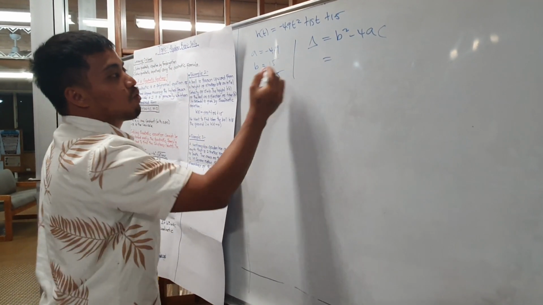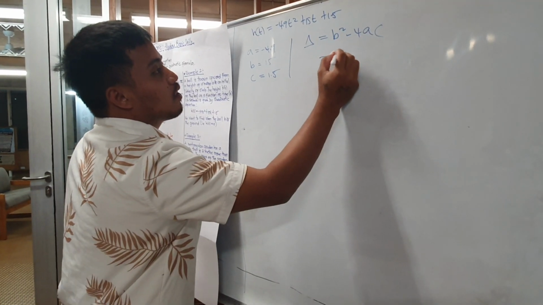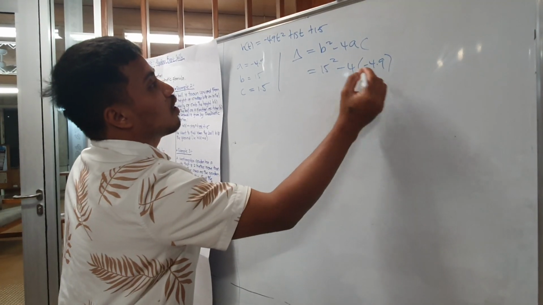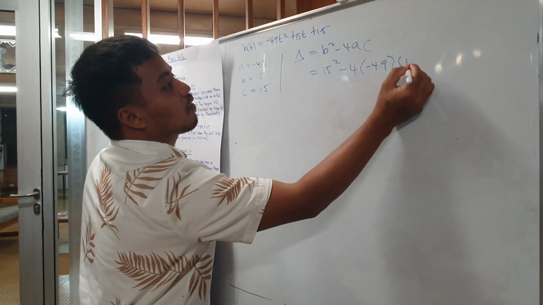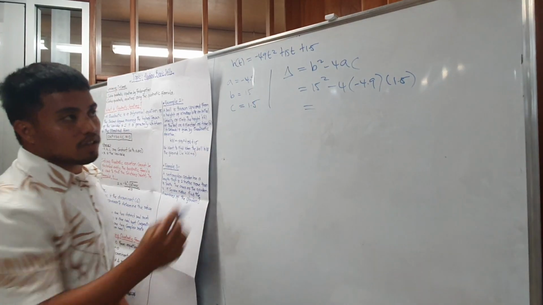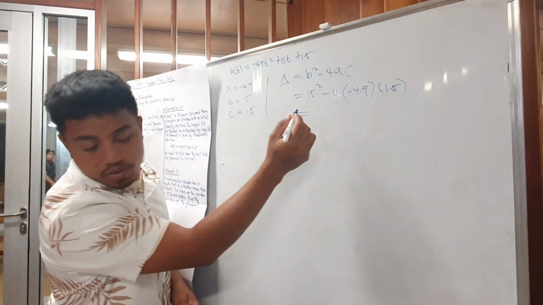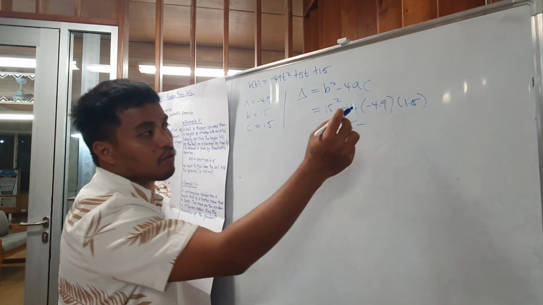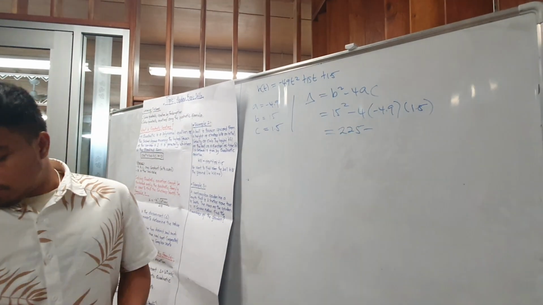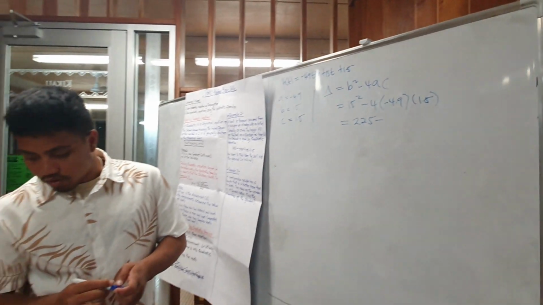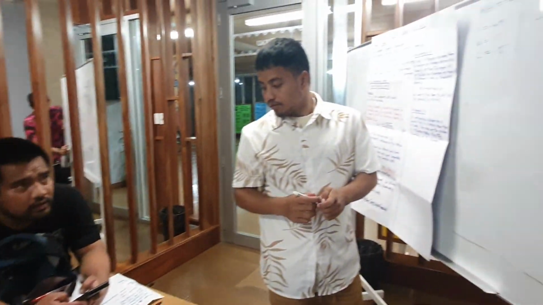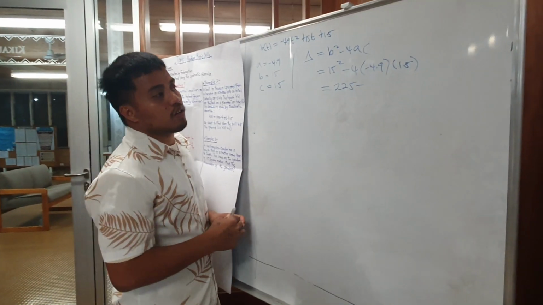So we have b squared, 15 squared, minus 4 times the a value, negative 4.9, times the c value, 1.5. 15 squared is 225, and 4 times negative 4.9 times 1.5 gives negative 29.4, so minus that is positive 29.4.